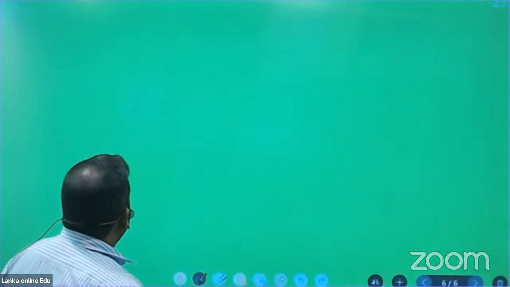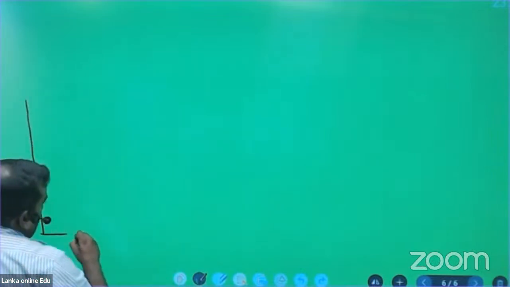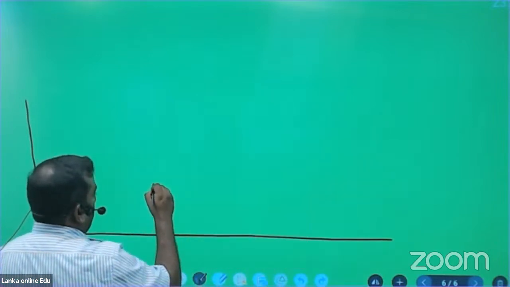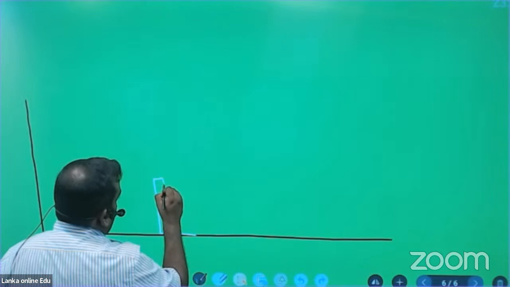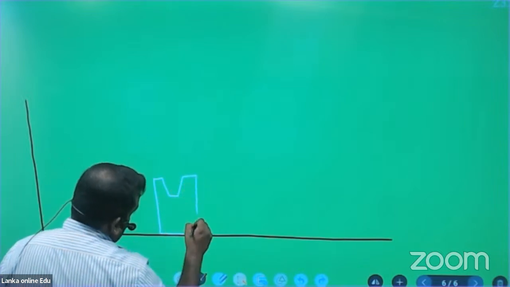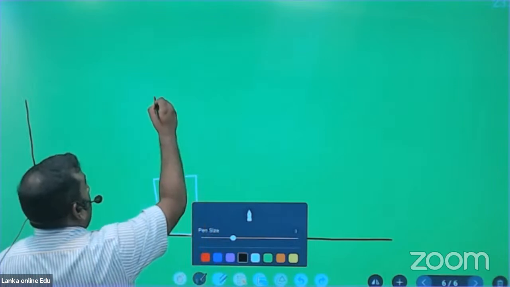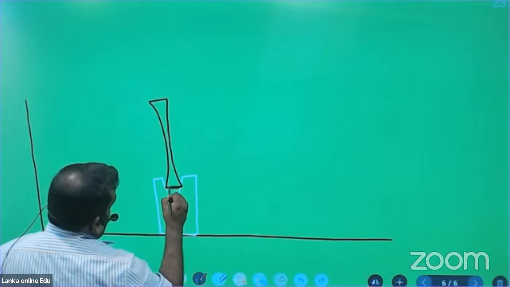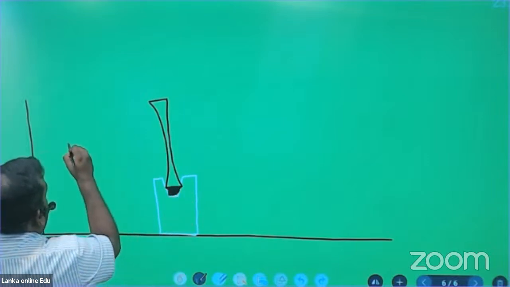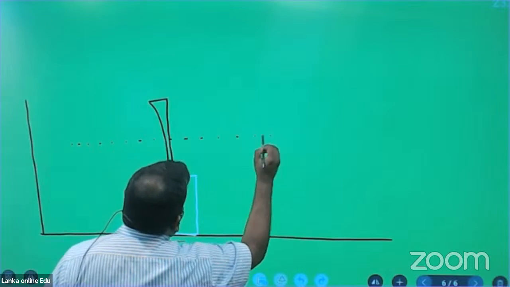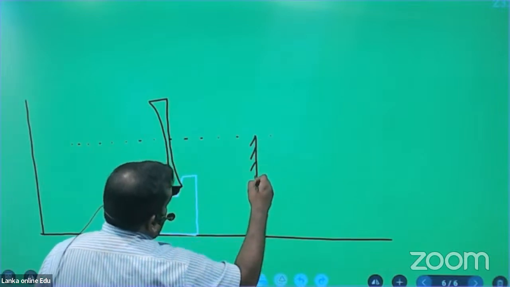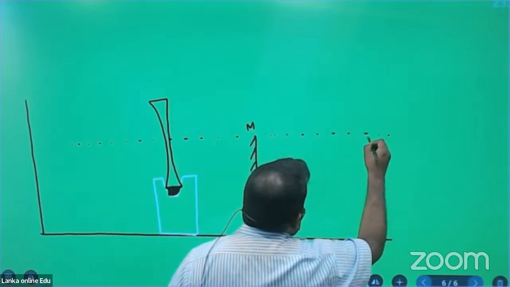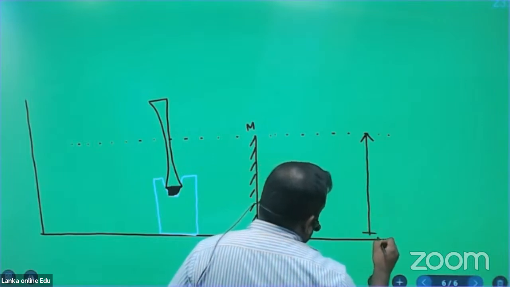Now, same story. Now here you have the concave lens, mirror is here, pin P2 is kept here.